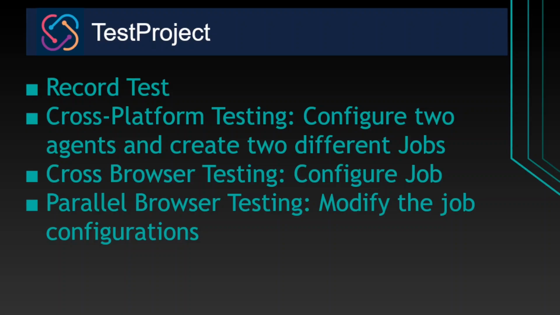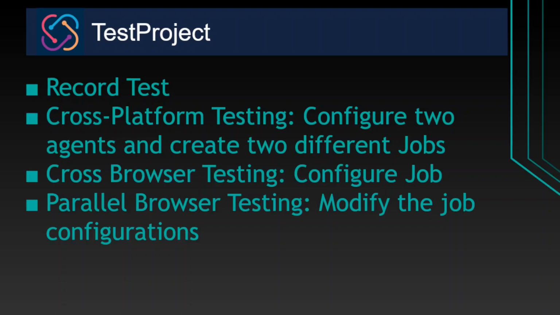Basically, if you want to execute your automated test scripts in different systems with different environments, for example Windows system, Mac machine, virtual machine, or in VDIs, you will be executing the test scripts in different platforms or different systems by using test project automation tool. How can we perform that? I'm going to show you in this session.